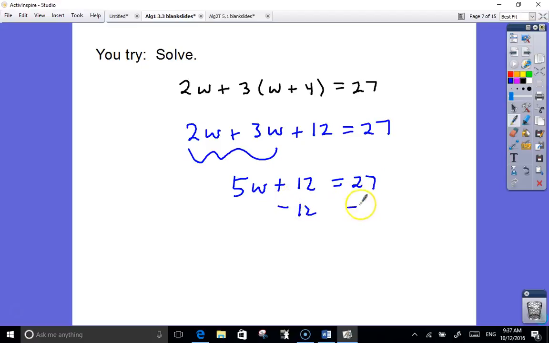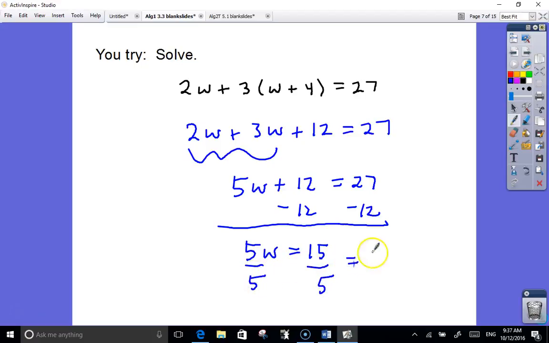Subtract 12. 5w equals 15. Divide by 5, w equals 3. Right, so how many steps was that? That was actually 4 steps. Distribute, combine like terms, then a 2-step equation.